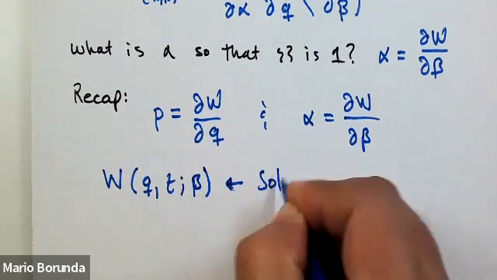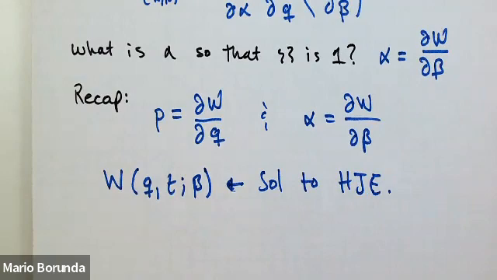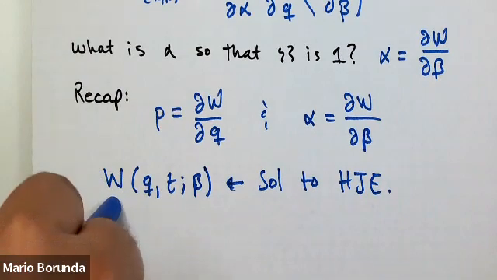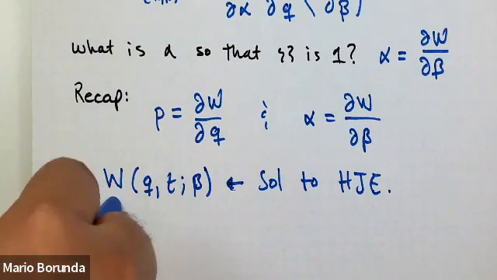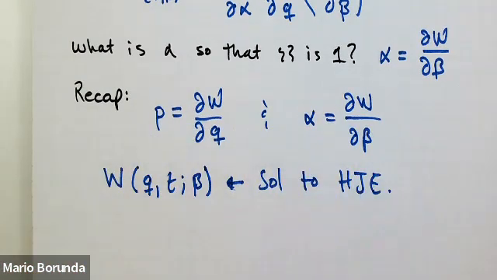This is the solution to the Hamilton-Jacobi equation. So this function W is an example of a generating function of the second kind, because this W gives you this guy. So that's just called the generating function of the second kind, in case you're interested in the math nomenclature for this. So what do we have with all of this?